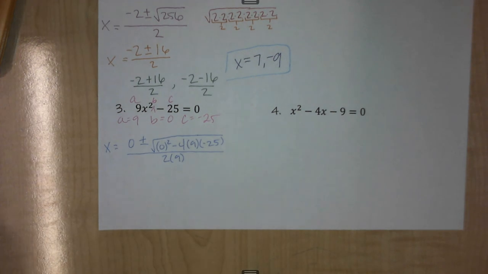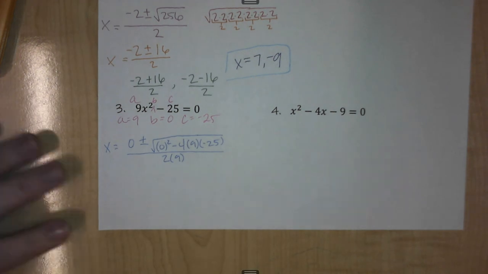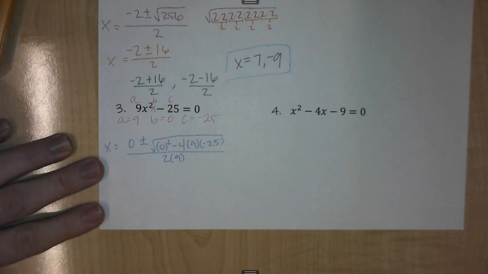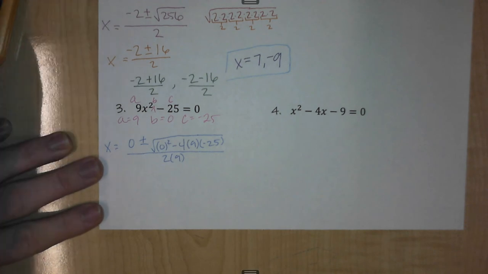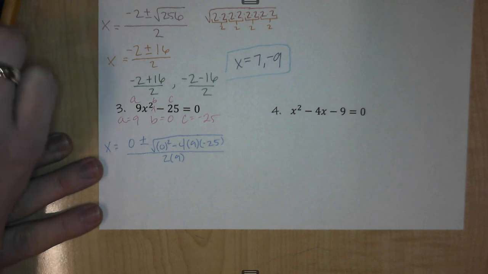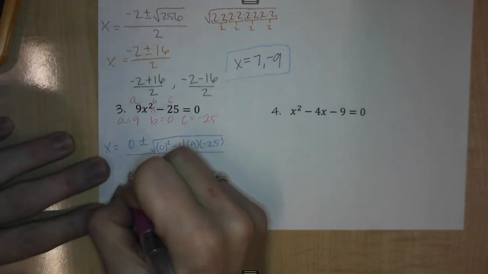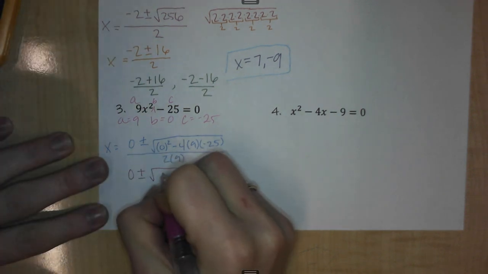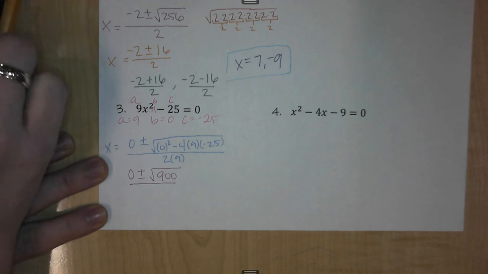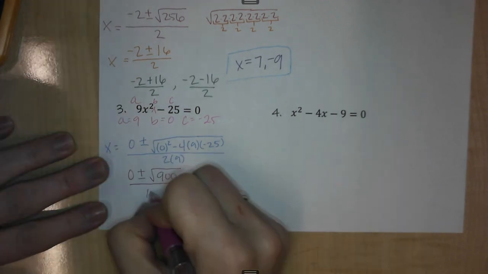Now let's start simplifying. Underneath our radical, we have 0 squared minus 4 times 9 times negative 25. That is 900. 2 times 9 is 18.